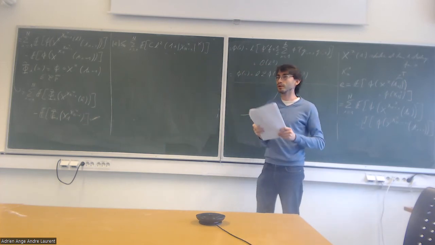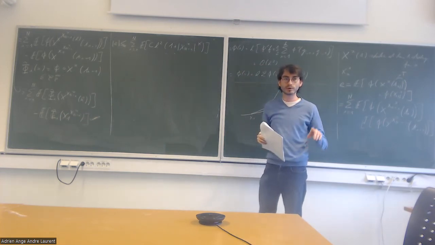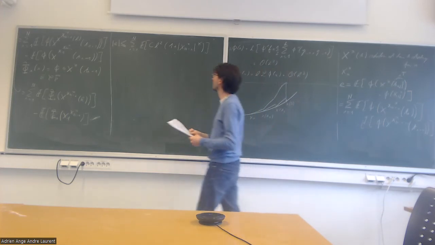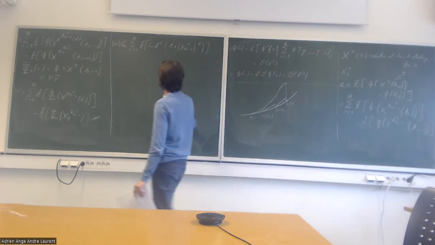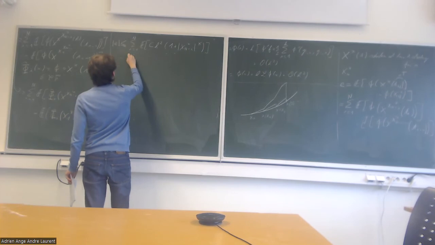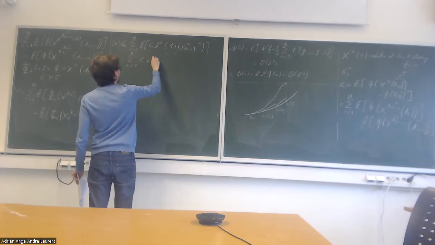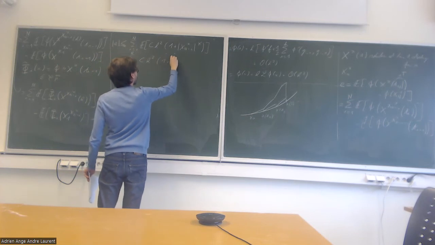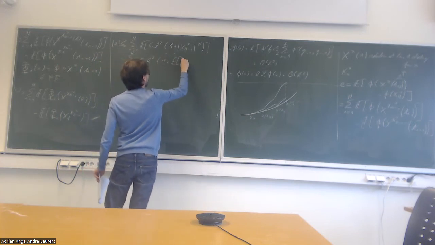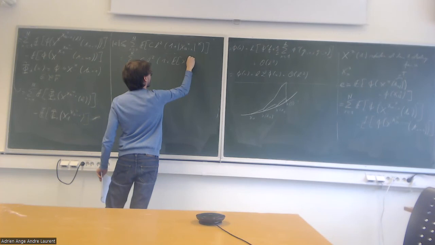Right? So this is the local approximation that we've done earlier, the local accuracy. And now we're almost done. So this is equal to C h squared times 1 plus the expectation of x_n minus x.